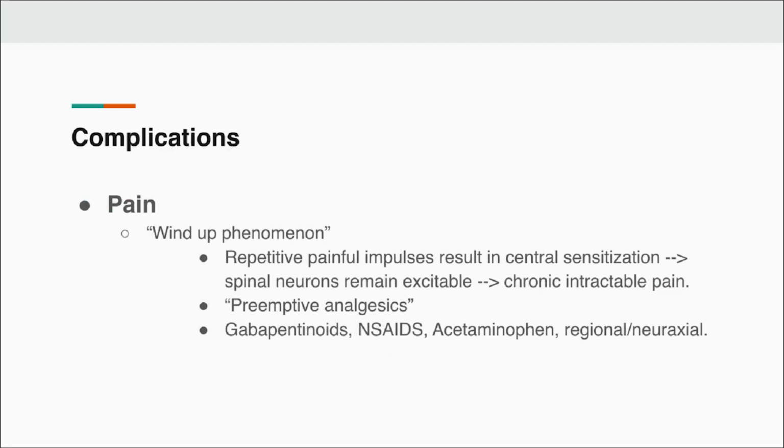So, research has sometimes shown that if you provide preemptive analgesics, in the form of gabapentinoids or NSAIDs or acetaminophen or regional neuraxial blocks, prior to the patient feeling that pain under anesthesia and prior to their spinal neurons becoming excited, then you may be able to reduce the risk of chronic intractable pain in the future.